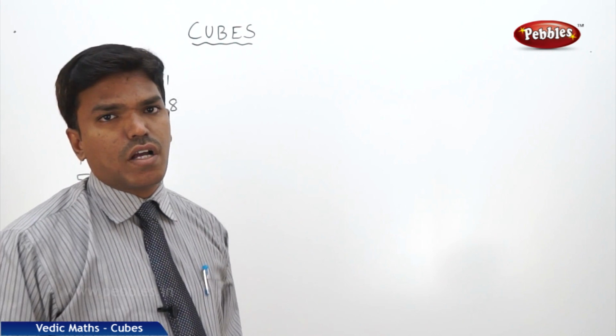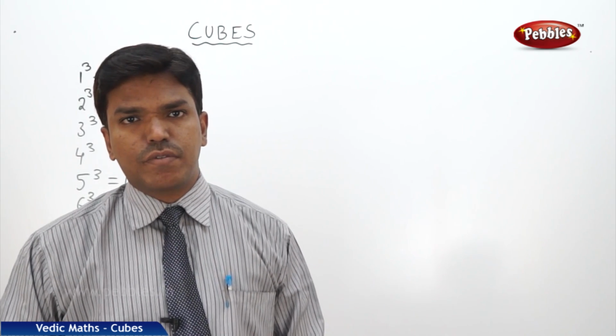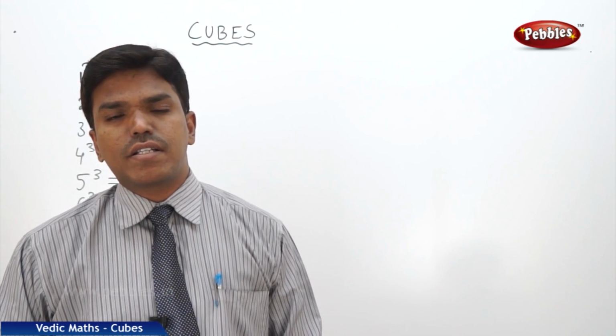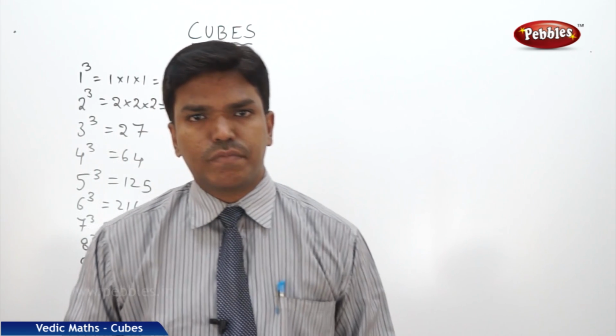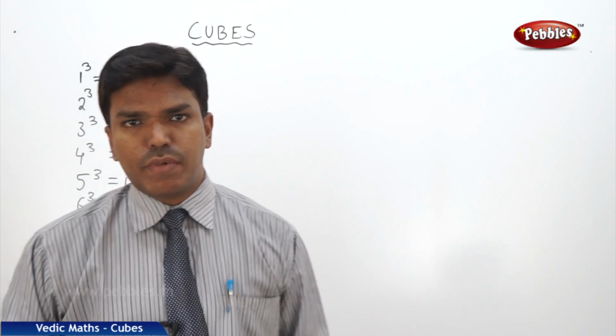Now we will discuss how to find out any double digit number cube value. Here in Vedic maths we have one formula, or one shortcut, to find the value of any double digit number cube.